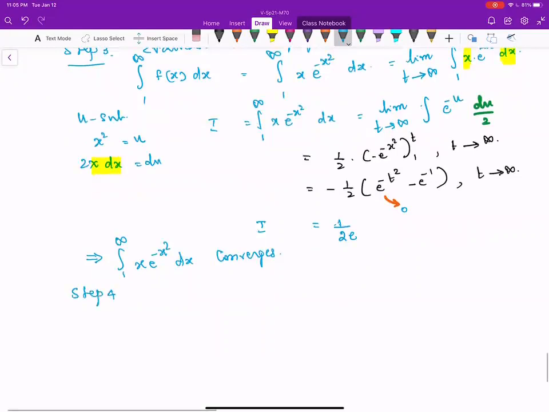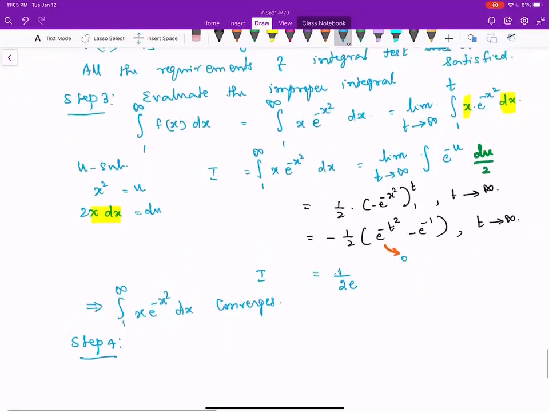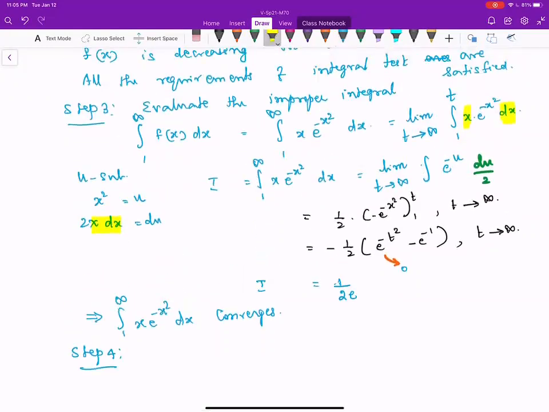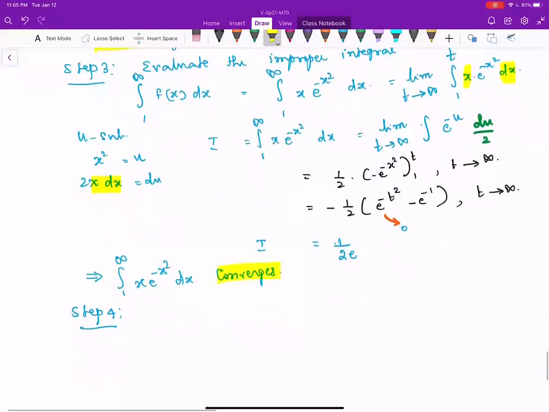So all the requirements of the integral test are satisfied, which is f of x positive, continuous, decreasing on the interval 1 through infinity. In this case, it's 2 through infinity. All these are satisfied, and also the improper integral converges.